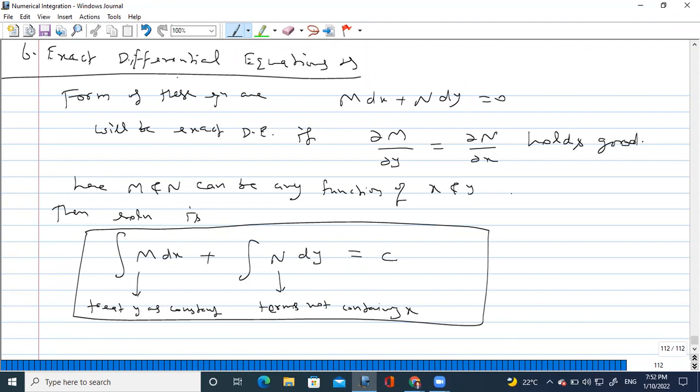Once again, the form of this equation is m dx plus n dy equal to 0, and it will be declared an exact equation if del m by del y is equal to del n by del x.